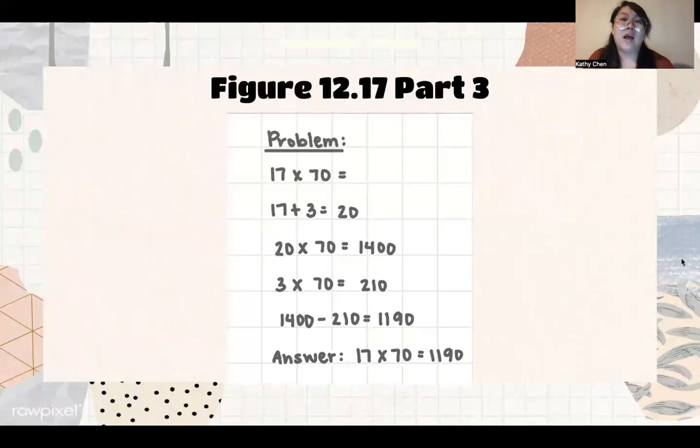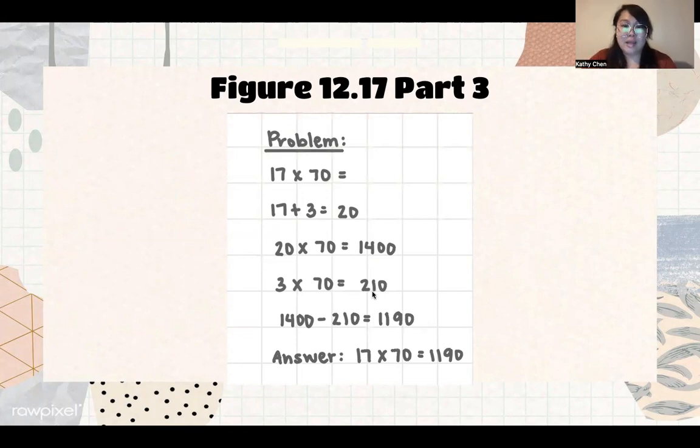So figure 12.17 part 3, the problem is 17 times 70. The student added 3 to the 17, which gave them 20. 20 times 70 gave them 1,400. They then multiplied 3 by 70, which gave them 210.